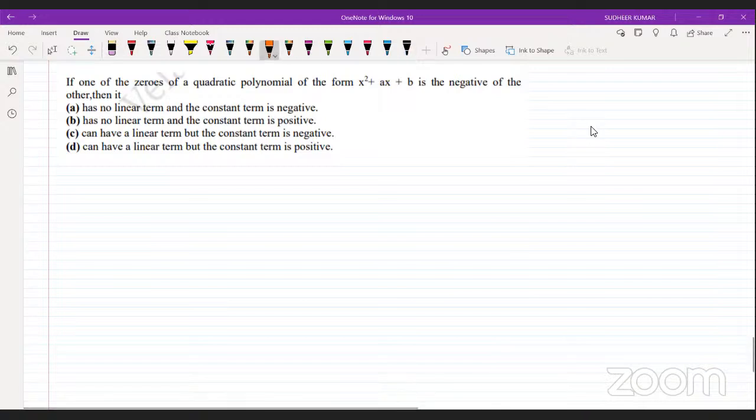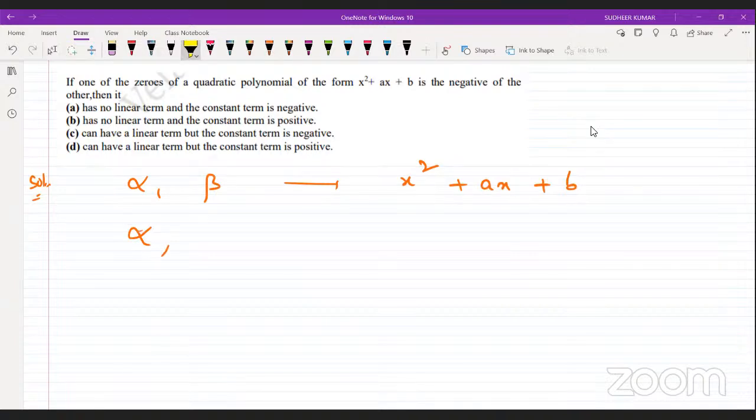So we'll see that. Let's take these two zeros, alpha and beta, the zeros of the polynomial x square plus ax plus b. One is alpha, the other is given by the condition: one of the zeros of a quadratic polynomial is the negative of the other.